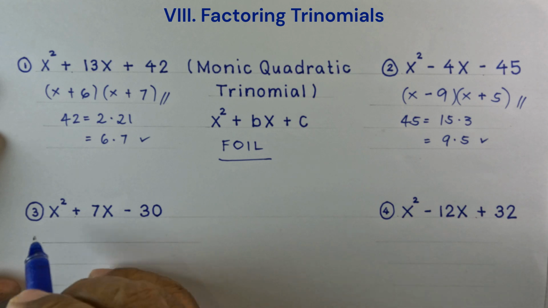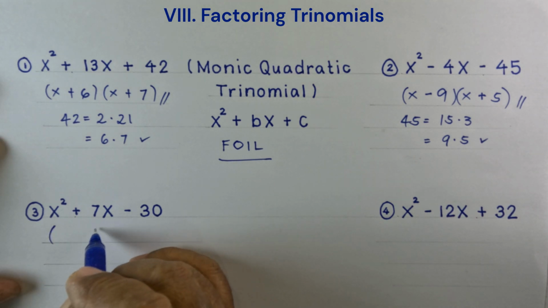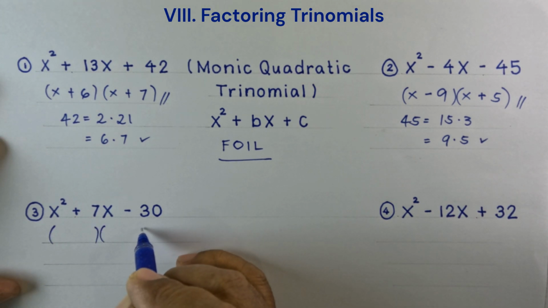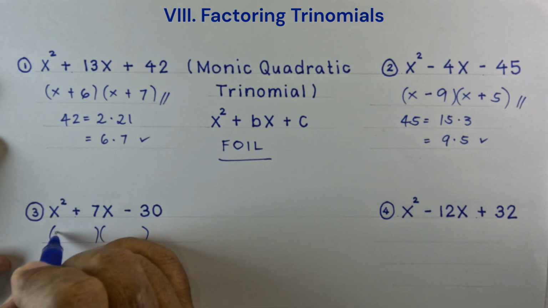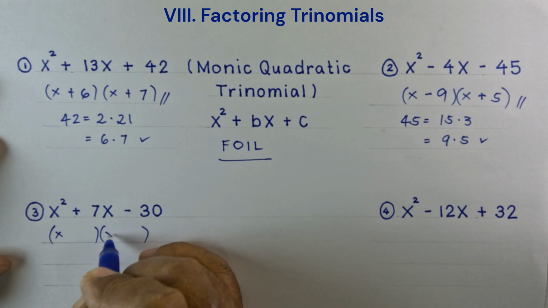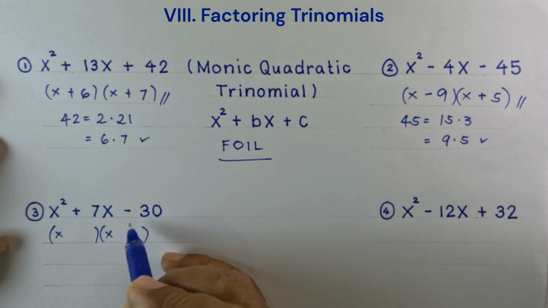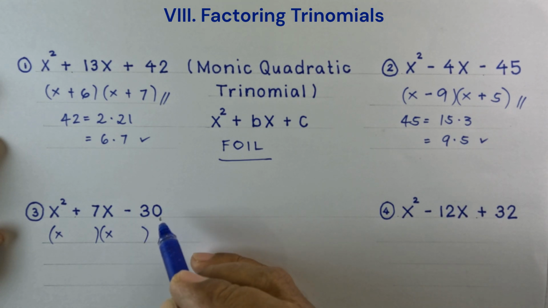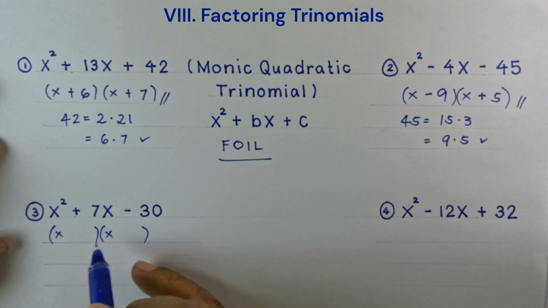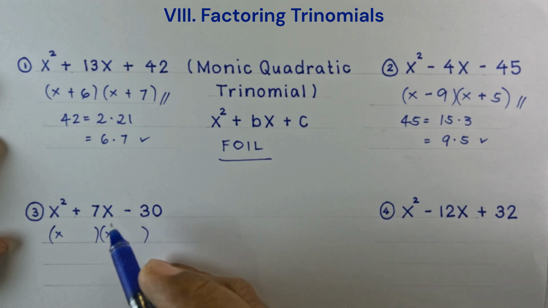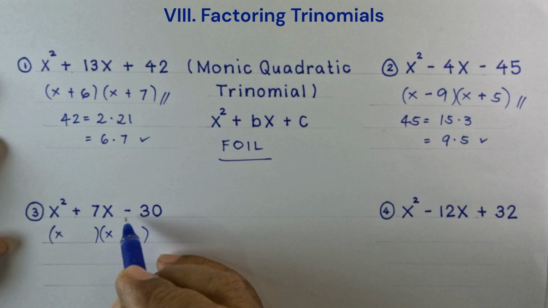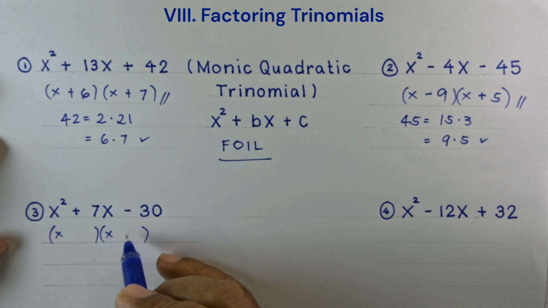So let's try this. So I write x and an x here. The sign of the constant term is negative. Therefore, the signs of the terms here must have one negative and the other positive.